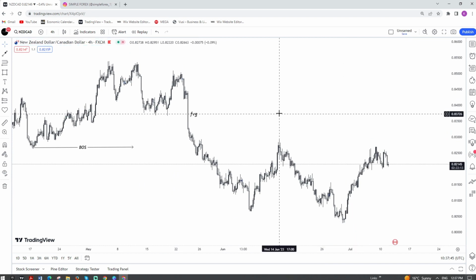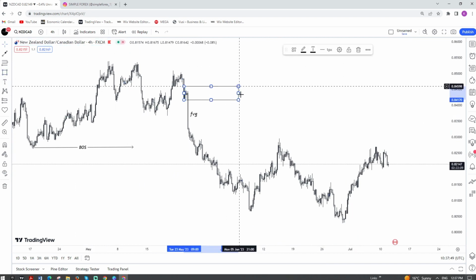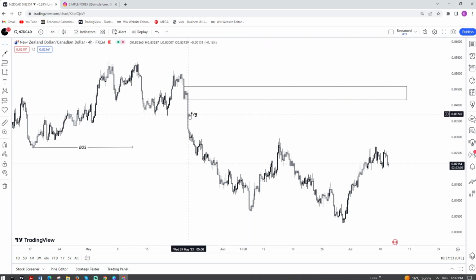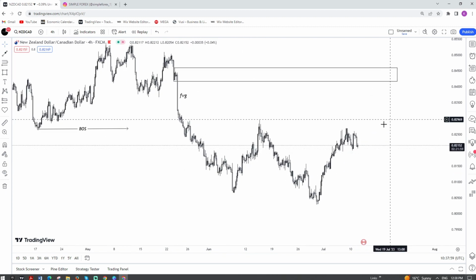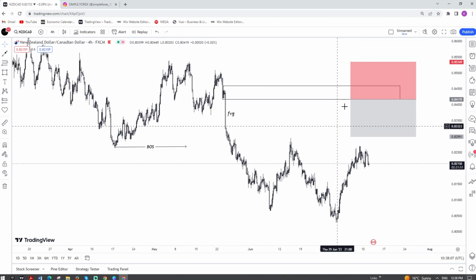So on this order block right there, we can see that there's a fair value gap and then there's an order block above it, and this order block is in an area of premium, right? So meaning that it's a high probability order block, so the order block is more likely to be mitigated and then reverse on there.